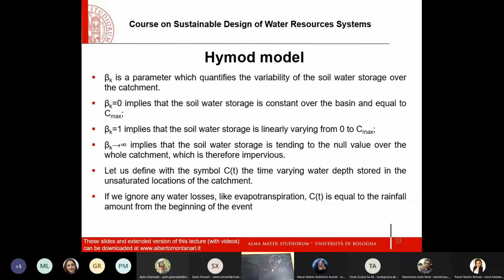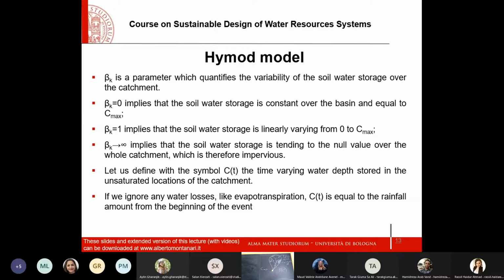So imagine again what happens. It starts raining, and you have the catchment that is like a sponge. So the catchment takes water. And if it's not saturated, it takes all of it. So at a given time, what is the water depth stored in the catchment? It's the sum of the rainfall that I got. It's cumulative rainfall. But I have to make clear that I refer to unsaturated locations, because otherwise, if the storage is saturated, let's think at C star equal to 0, it cannot take water.